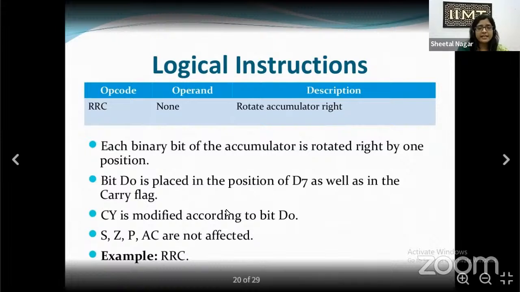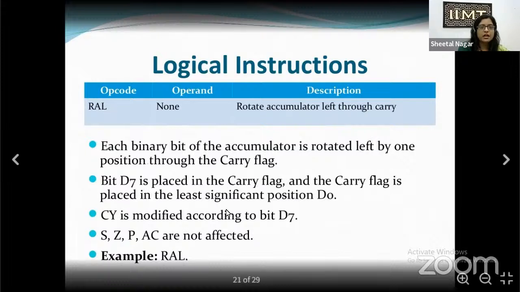Carry flag is modified according to bit D0. Sign, zero, parity, auxiliary carry are not affected with the help of this instruction. RRC is a 1 byte instruction, as in front of RRC there is no operand, no general purpose register, no 8-bit data, no 16-bit data.